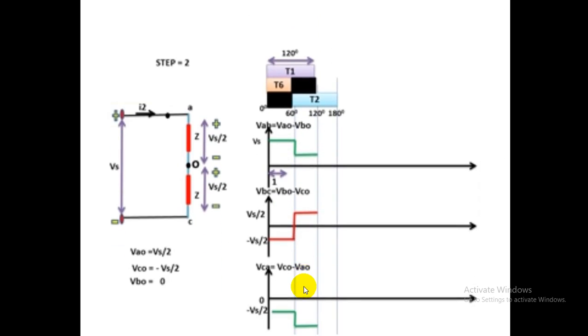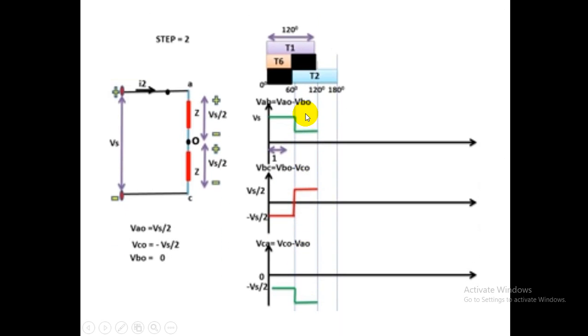We'll see the line voltages. In this duration, again line voltage VAB is equal to VAO minus VBO. VBO is 0, that's why the VAB value is reduced to Vs by 2. VBC is there, because though VBO is 0, VCO is present, and it is going to be increased from minus Vs by 2 to plus Vs by 2.